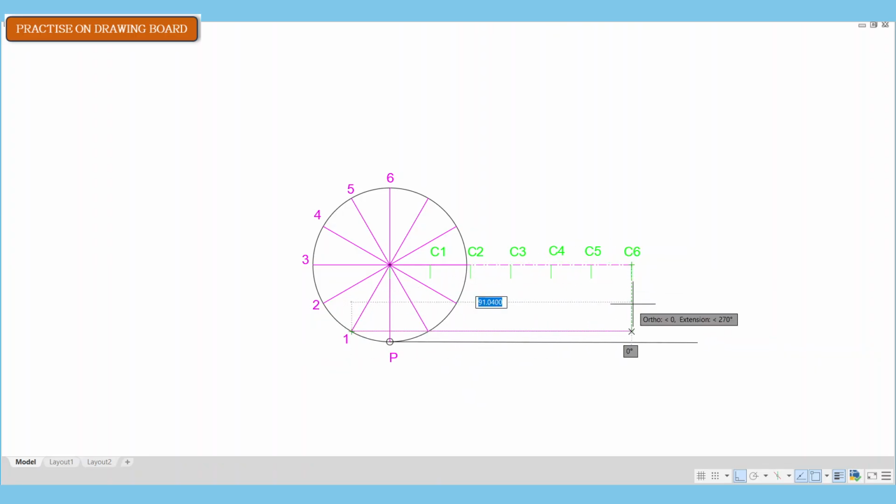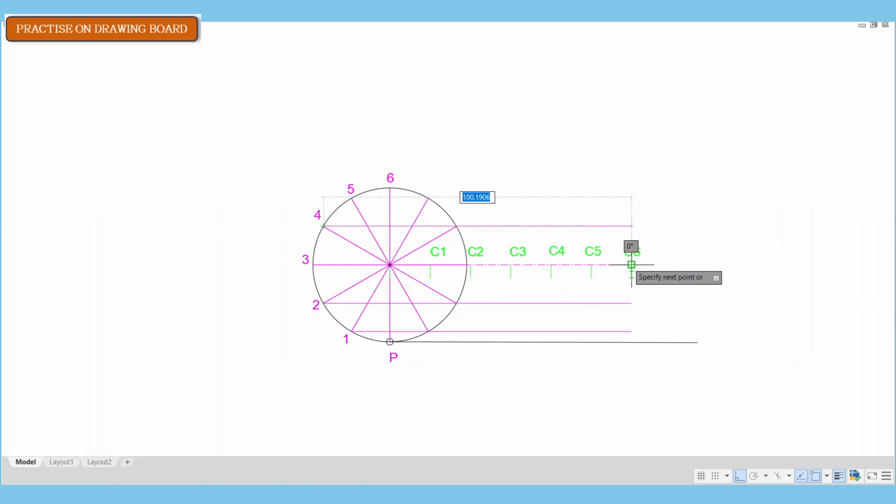So from 1, then 2, so the line going through 3 is actually the center line, so that's fine.